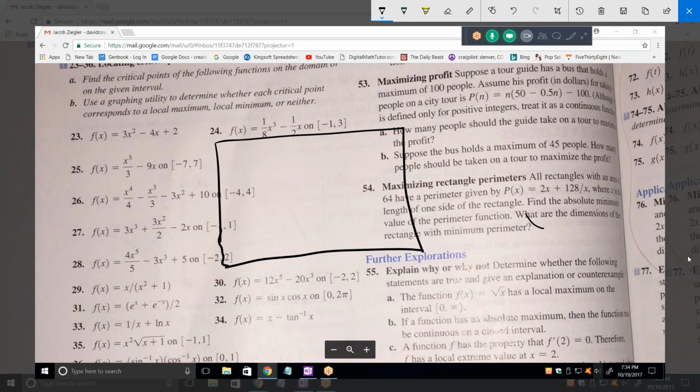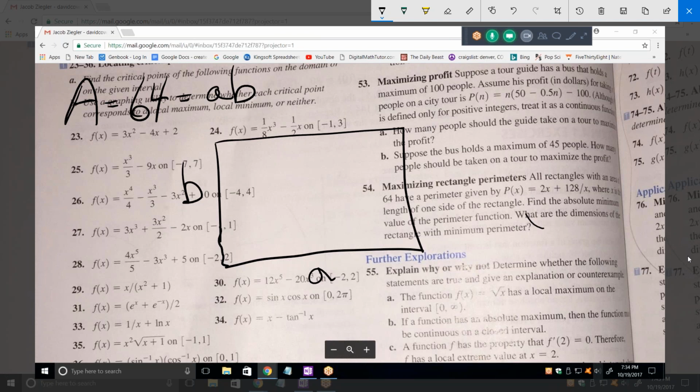Let's call this A and B. I don't want to call it X and Y because they're giving us a perimeter function that is defined in terms of X and Y. However, they do tell us that the area of this rectangle is 64, right? So area is 64, and that's equal to A times B. With me? Yeah.